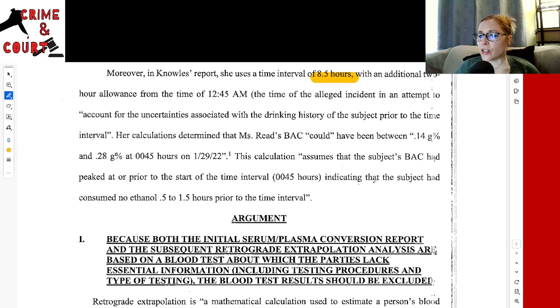Her calculations determined that Ms. Reed's blood alcohol content could have been between 0.14 grams and 0.28 grams at 12:45 p.m. What I'm trying to say.